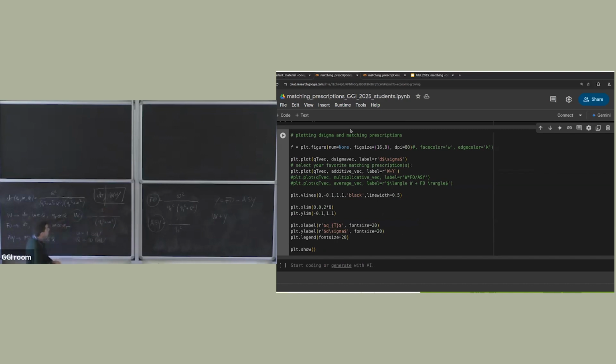Now I suggest you do the same comparison, but lowering the value of the hard scale. Try to use first 5 GeV and then 3 GeV and see what happens.